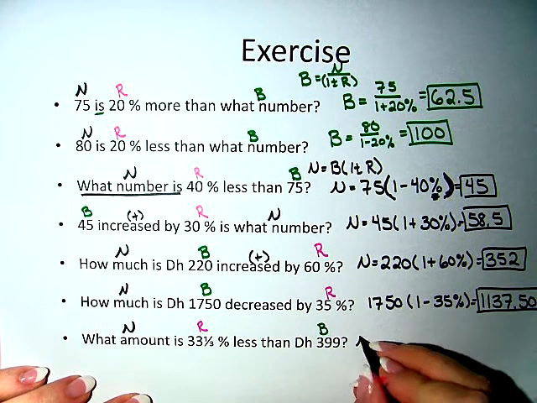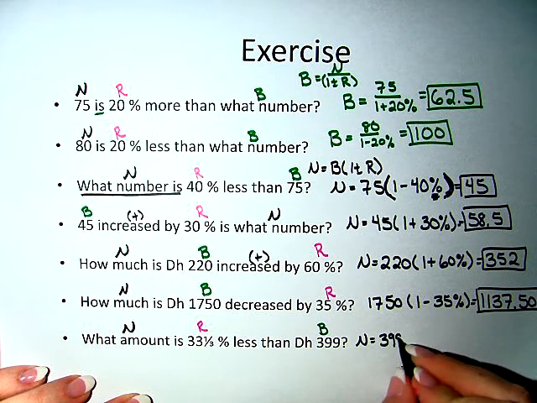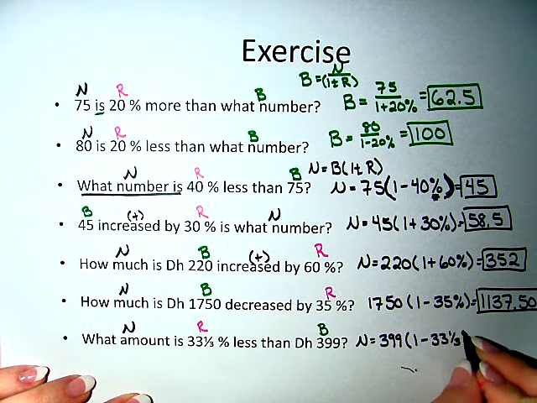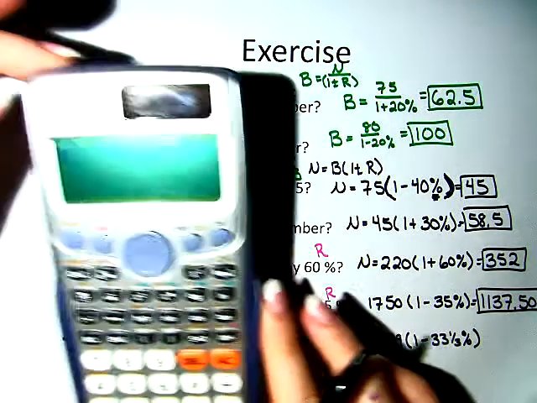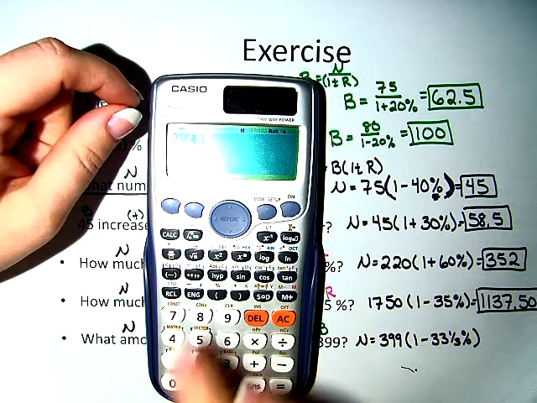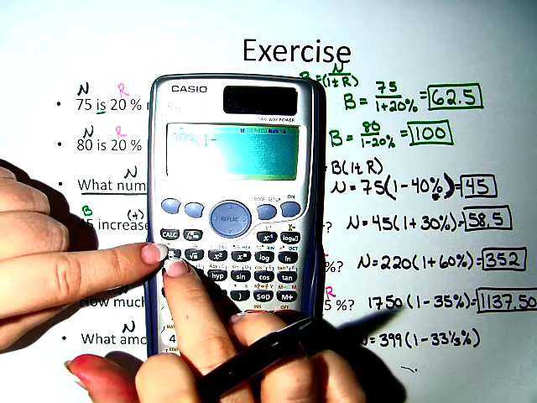What amount is 33 1/3% less than 399? 1 minus 33 1/3%. Okay, so to put this in the calculator, you're actually going to be using the mixed fraction symbol. So 399, open parentheses, 1 minus. Now you see that this is the button we hit for fraction.